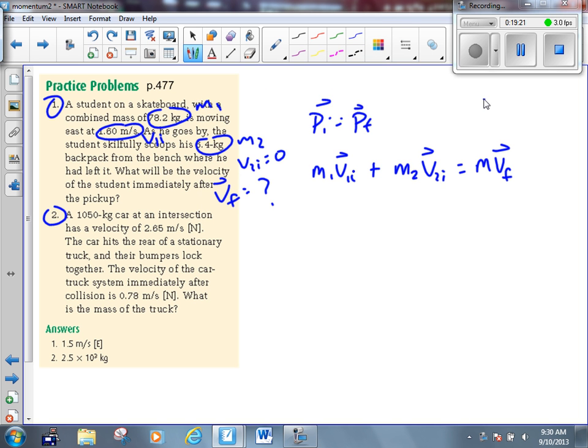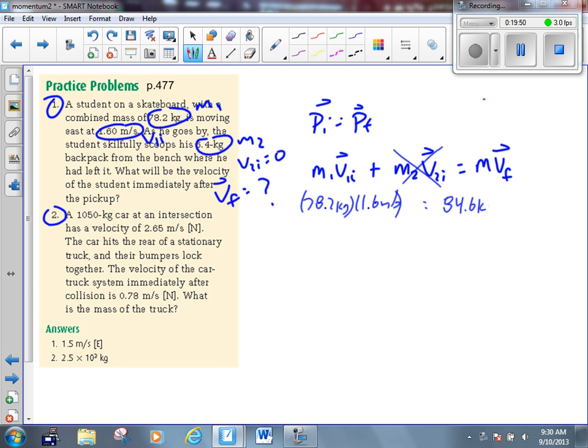All right, M1 is 78.2 kilograms, 1.6 meters per second. Just going to cross this off. Why did I do that? Because V1i is 0, so there's no reason why I can't just cross that off. If you want to put in the values for it, then that's fine, but there's no need to do that when we know right away that it's 0. Now, what's the total mass here? 78.2 plus 6.4, 84.6.